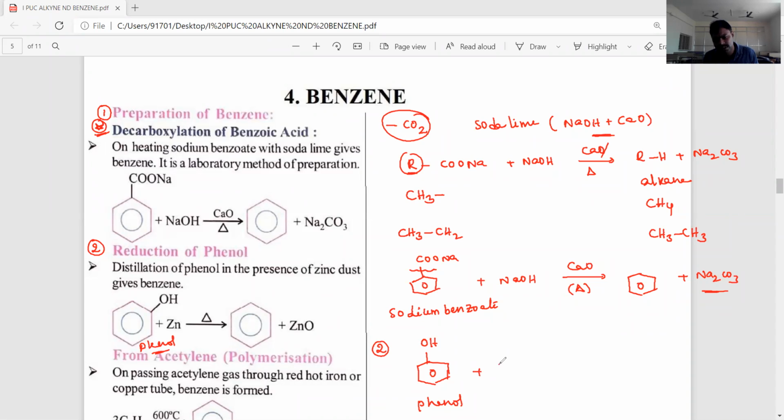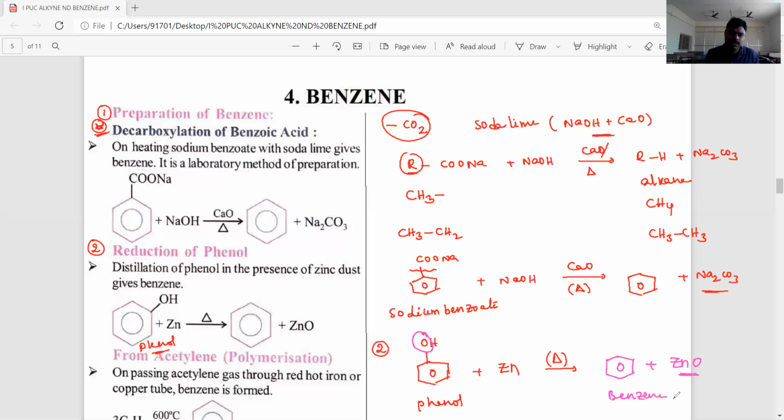In the presence of the reducing agent zinc metal, upon heating, the oxygen comes out in the form of zinc oxide. The product is benzene plus zinc oxide, ZnO.